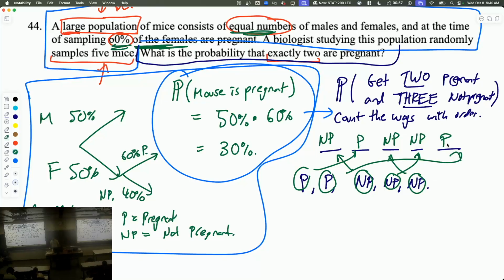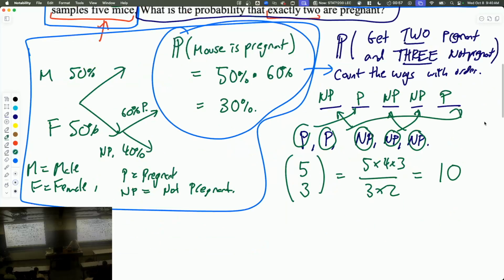And you could think about it for a long time to try to figure out what's going on. But if you remember what we did in class, if you have 5 slots, there's 5 places for things to go, you can choose 3 of those slots to put the NPs down, and then the P's have to go anywhere else. So in total, there are 5 choose 3, which is 5 times 4 times 3 over 3 times 2, which is 10 ways. 10 ways this can happen.